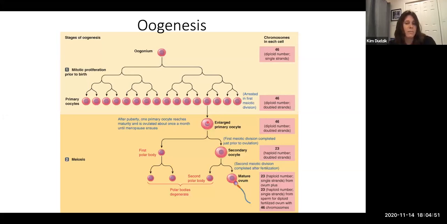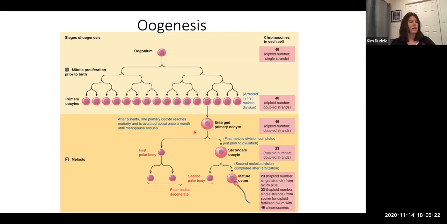At that point, they're called primary oocytes, and they're still diploid because we've only seen mitosis occur so far. By the 5th month of gestation, they produce 6 to 7 million. By birth, they're down to about 2 million. And then by puberty, we're down to about 400 to 500,000 primary oocytes.